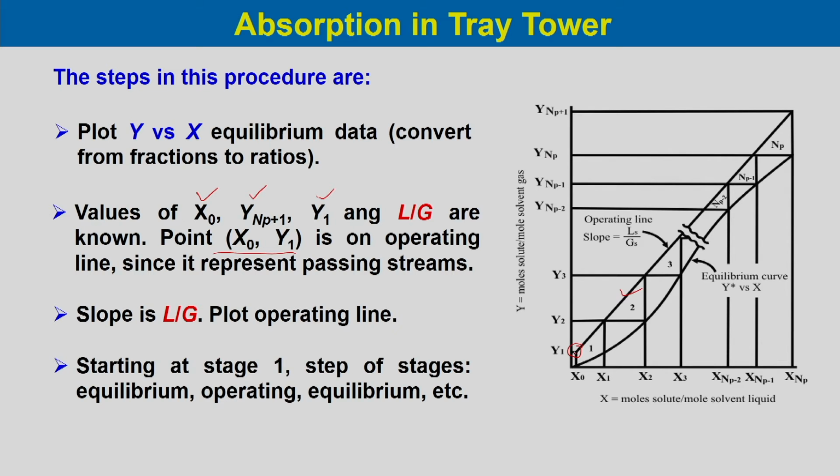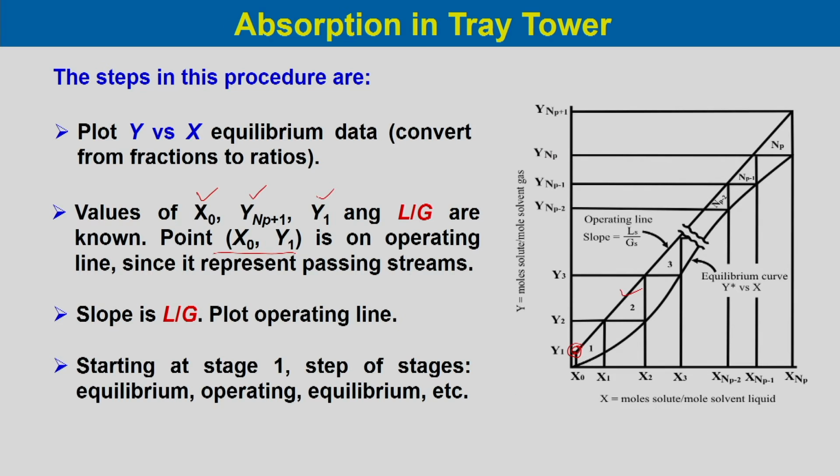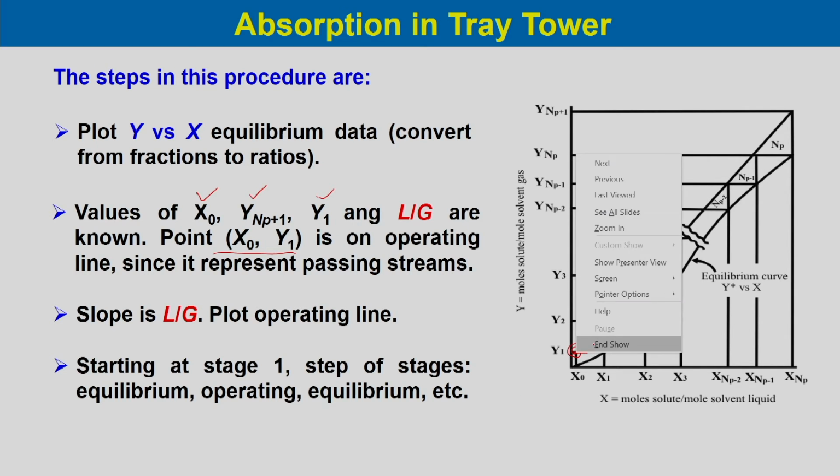Now, starting from this point, this is the passing streams at every mixing point. From the mixing point, what reaches a particular plate reaches equilibrium for the ideal stages. So, from these passing streams we need to proceed to the equilibrium line.